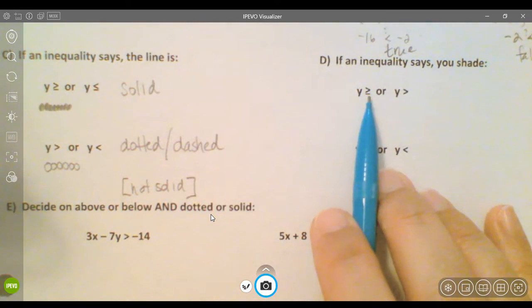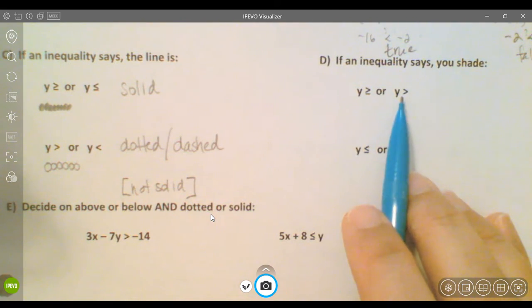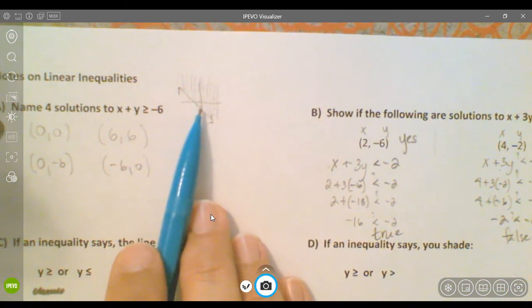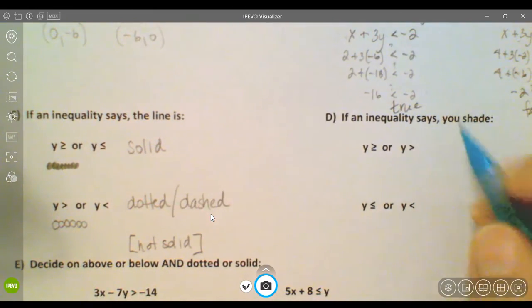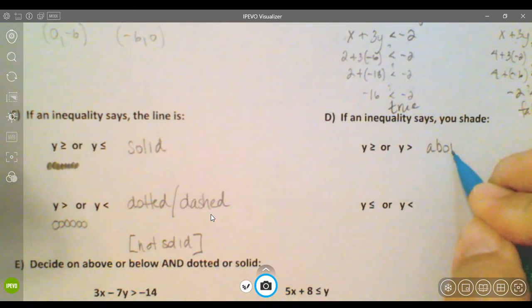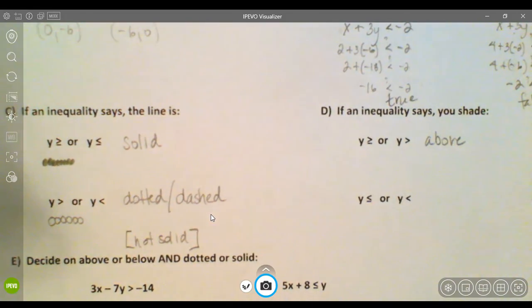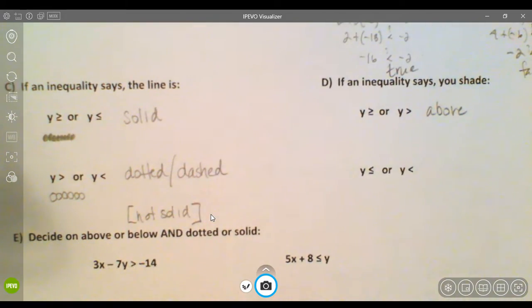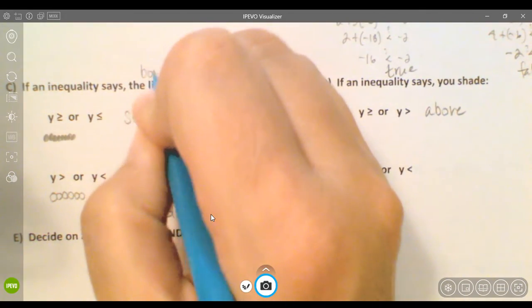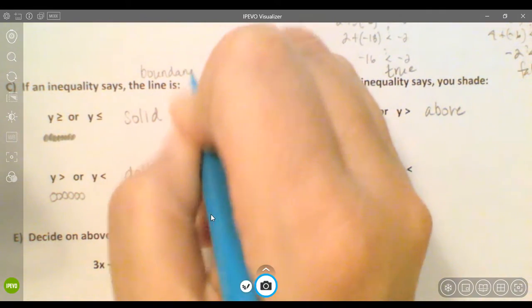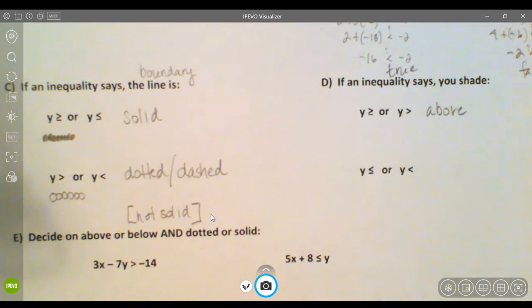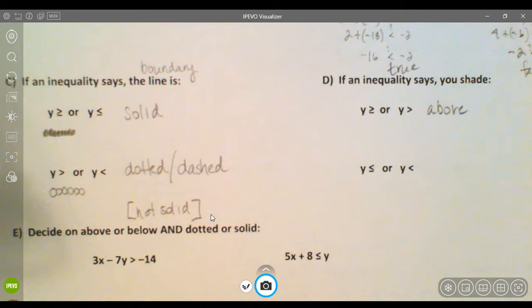So if our inequality is greater than or equal to, or y is greater than, if you think about what we did up here where we were greater than, we ended up shading above the line, the boundary line. Oh, by the way, this is called the boundary line. My bad. Okay, so our boundary line is going to separate our plane into two parts.